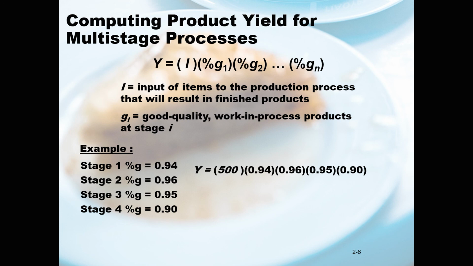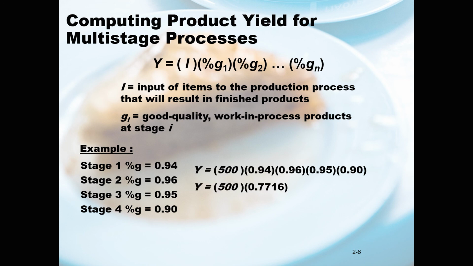So our yield would be equal to our initial input times the percentage at stage 1, the percentage at stage 2, the percentage at stage 3, and the percentage at stage 4. Let's just multiply the percentages at each stage and see what we get.